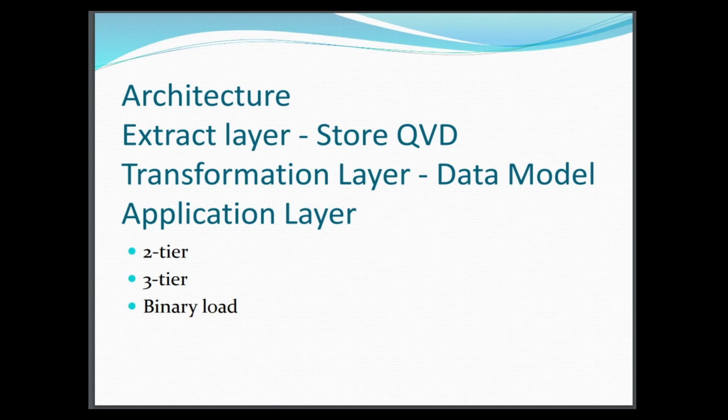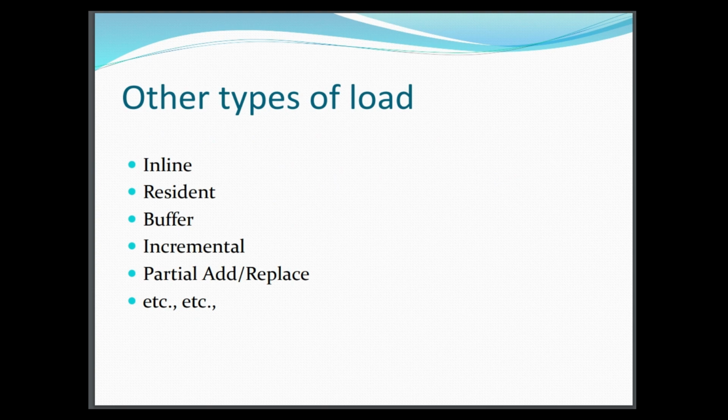So it acts as a security measure as well, right? Anybody to whom you share this application layer will be able to see only the UI. They will not be able to see anything in the backend script. There are many benefits of binary load, and the way we implement binary load differs in QlikView versus Qlik Sense. So have an understanding of that as well. So that's all about the architecture.